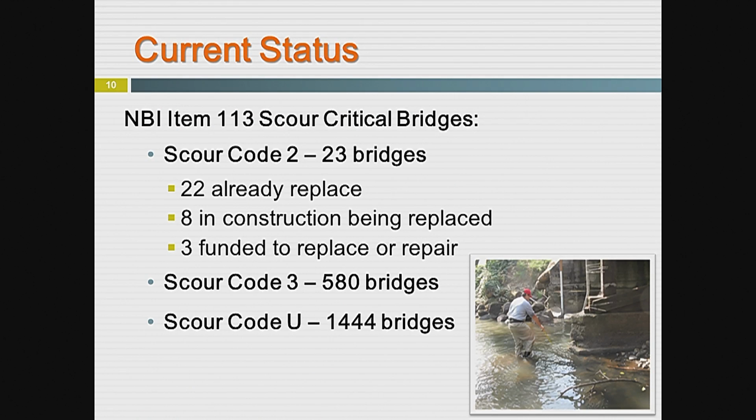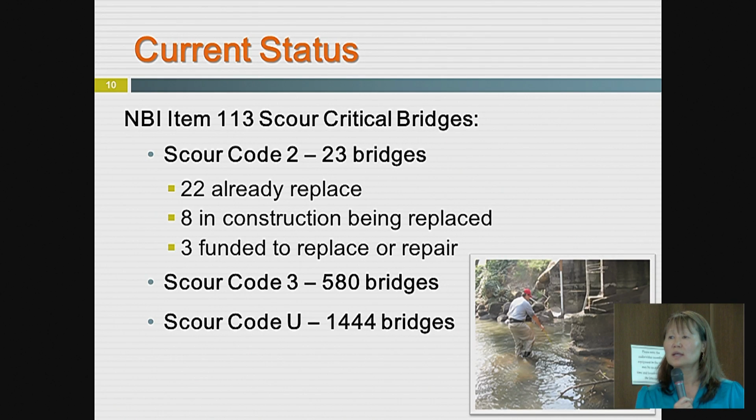With that, right now we have only 23 Scour Code 2, and 22 have already been replaced. Like I said, because the sufficiency rating is so low, it competed very well for funding. Another 8 are being replaced right now, and 3 of them next cycle.